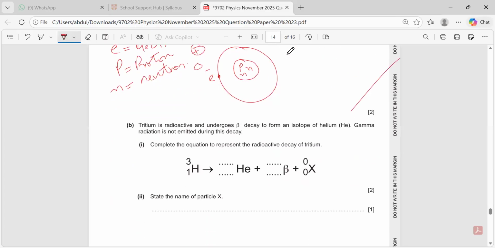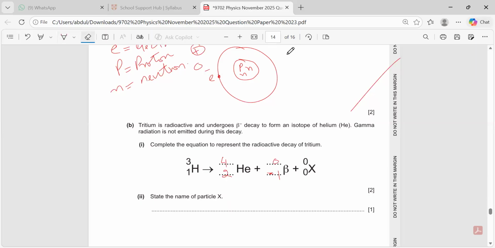That's not a problem. Now, tritium is radioactive and undergoes beta minus decay to form an isotope of helium, He. Gamma radiation is not emitted during this decay. Complete the equation to represent the radioactive decay of the tritium. Again, I would like to say that this is from IGCSE. So helium is 2, He 4, beta is -1 and here 0, so 0, 0.